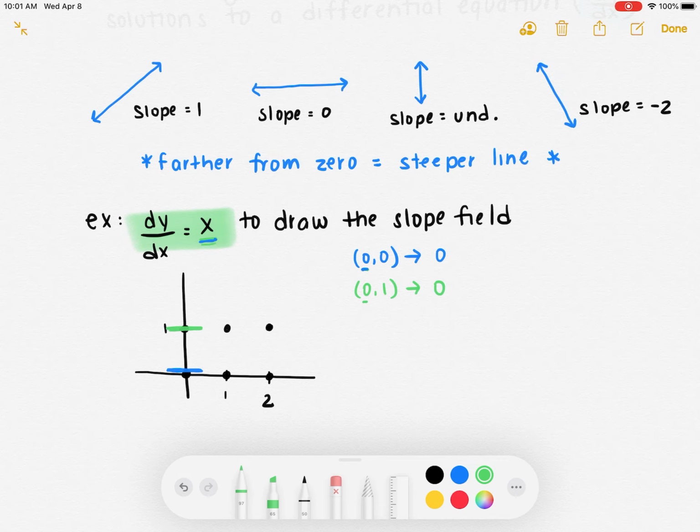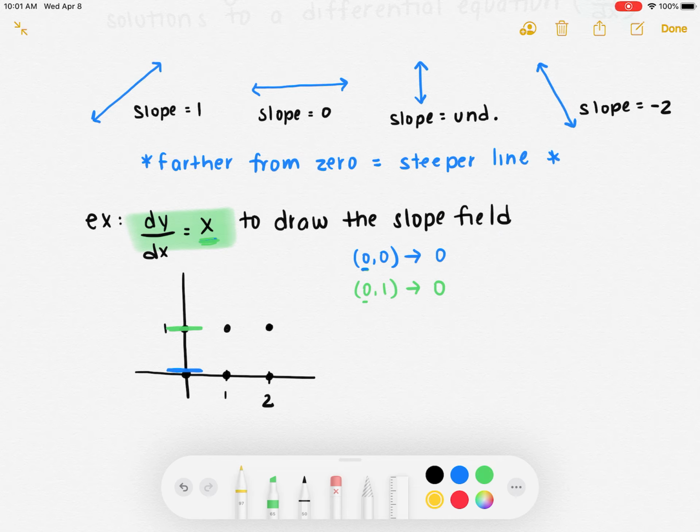Because there's no y value in my original equation, that's going to happen no matter where I am. Everything will be the same up and down, because when my y value changes, it's not going to affect my equation. And if I'm looking vertically, my x value will be the same for all of them.